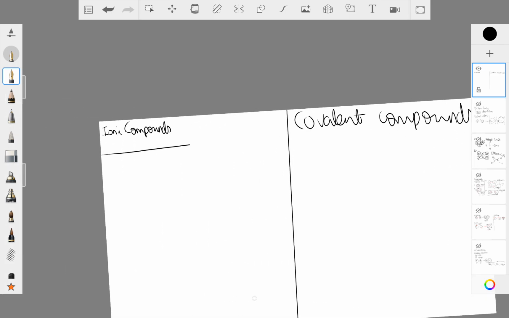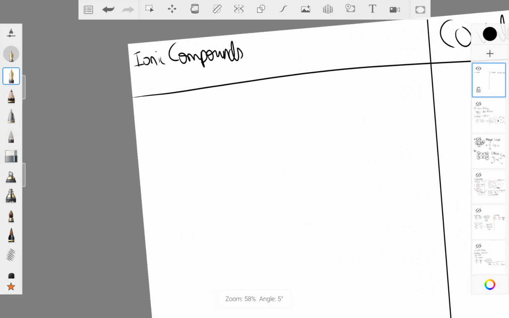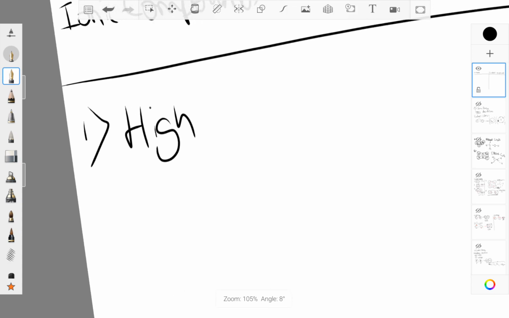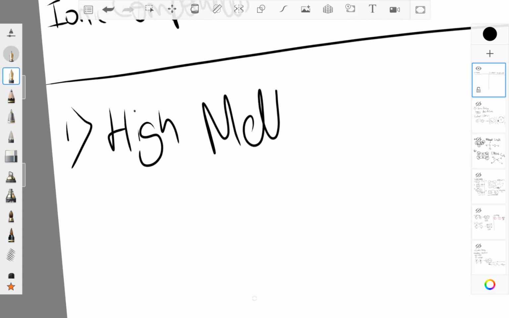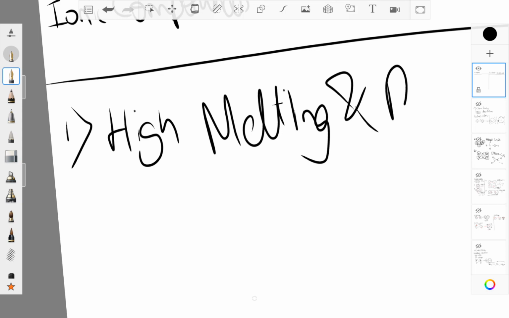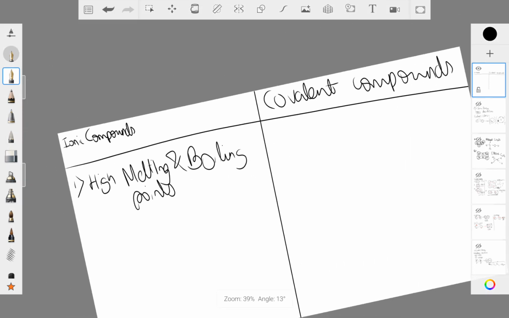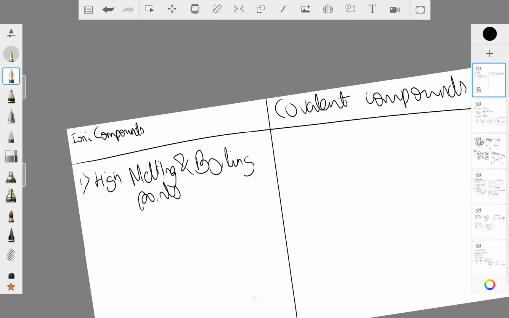Now, ionic compounds have high melting and boiling points, and contrary to this, covalent compounds have relatively lower melting and boiling points.